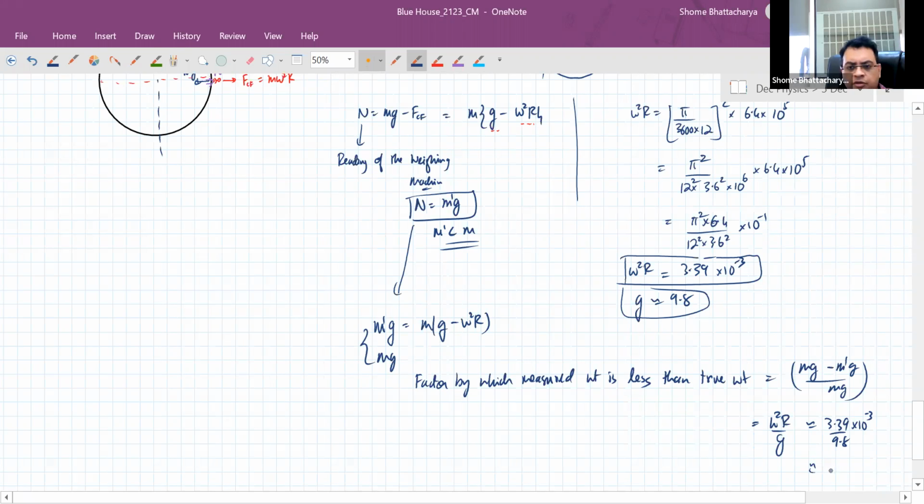Yeah, so this will give us about 3.5 into 10 raised power minus 4. Wait a second, just need to check this once.